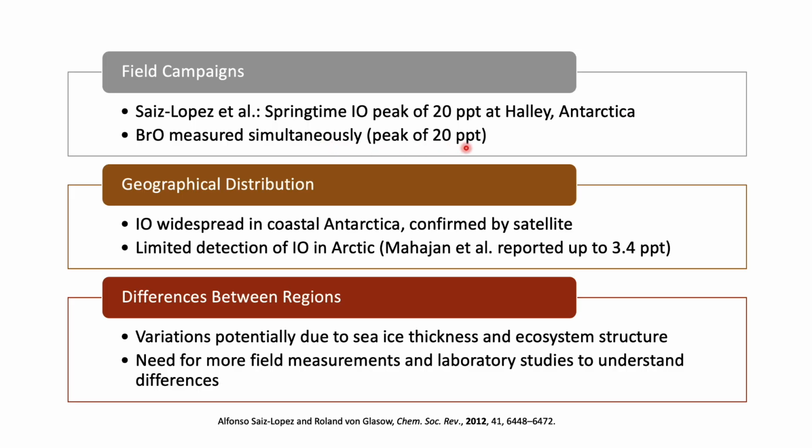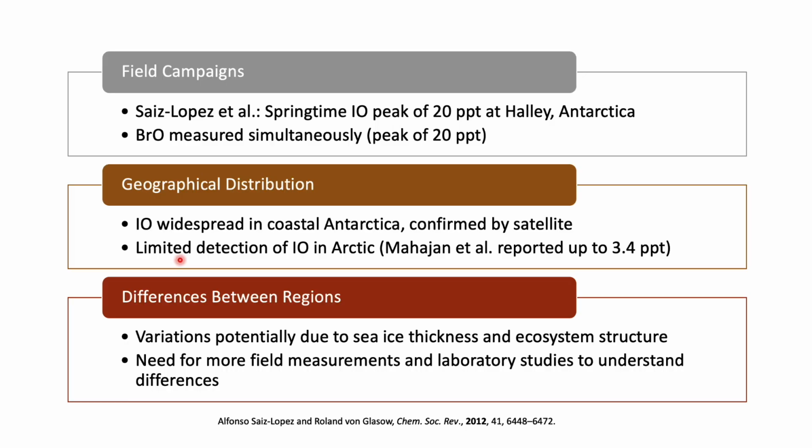Ppt means parts per trillion. Similarly, IO, iodine oxide, is widespread in coastal Antarctica, confirmed by satellite. So we are looking at the polar regions, not specifically the Arctic alone. With limited detection of IO in the Arctic region, people found only 3.4 ppt.